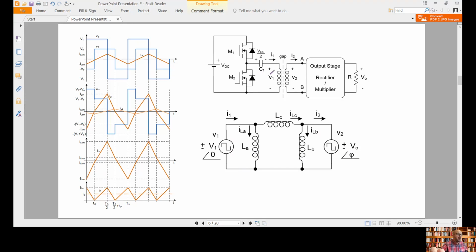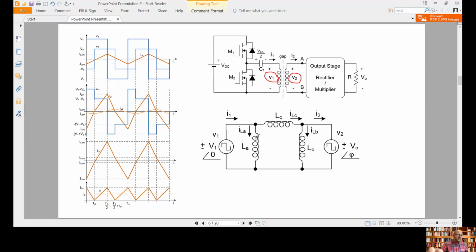For example, we are going to have the input voltage V1 here, which is going to be this square waveform at the input. We are going to have the voltage V2, which is another square waveform with a given phase between them. Usually V2 is going to lag V1 because it is an inductive circuit.